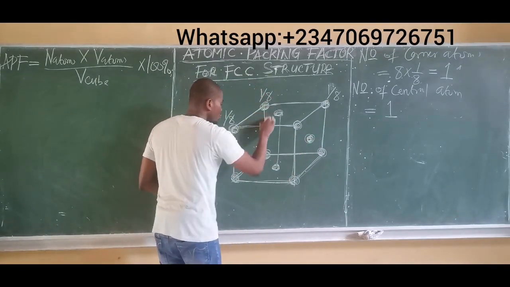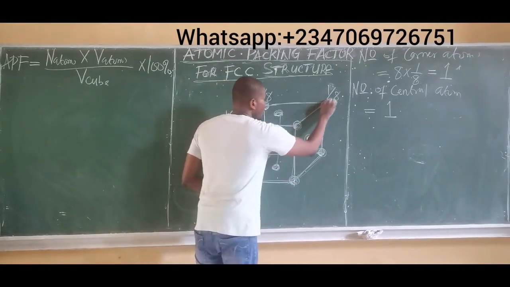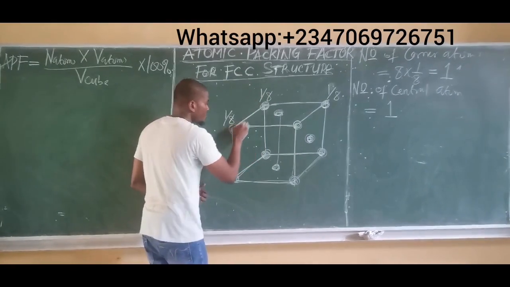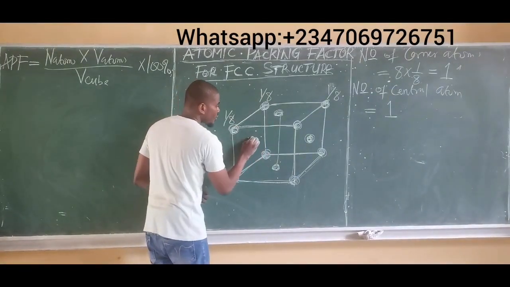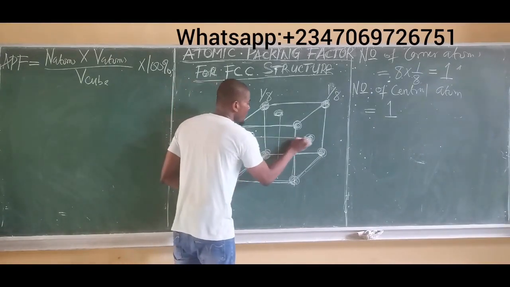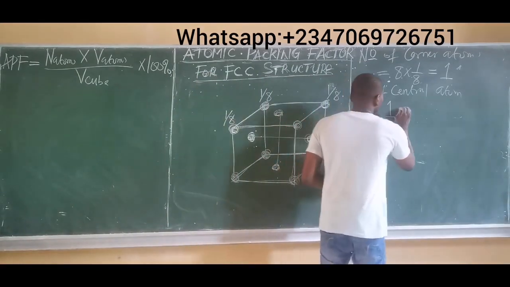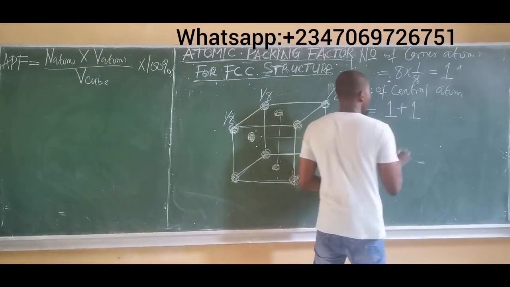We have a central atom at that face. Now, directly opposite this face, which is now the one behind, we also have another central atom, and the two of them combine together to provide 1 full atom. So we also have here plus another 1.